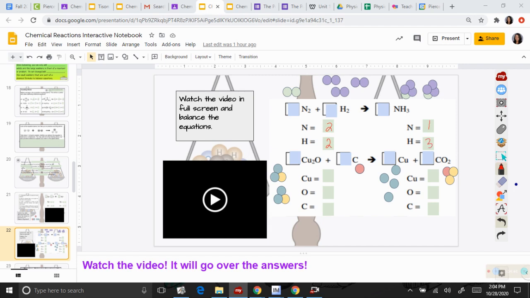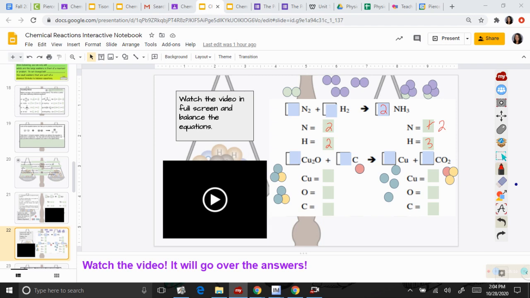So right off the bat, I notice that 3 and 2 are not equal. So what I want you to do is figure out how to make those things balanced. The first thing I see is I've got 2 N's here and I've got 1 in here. So I can go ahead, cross this out, and make it a 2. I can only put a number in front. Now I have 2 N's and 2 N's.